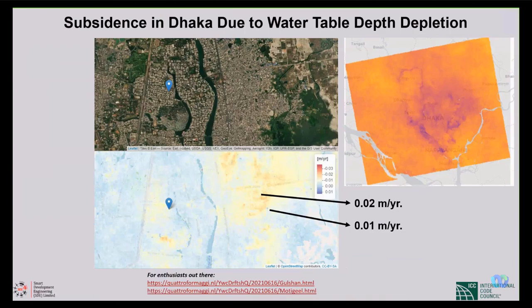So here is an example of remote sensing data. In the last 3 years, there is subsidence evident from the satellite images. We are talking about distance from the satellite for different time series.